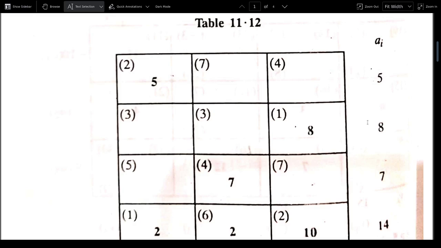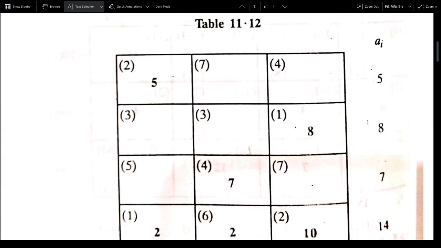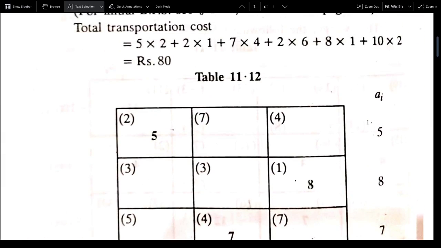Right? So when we give 5, then row wise or column wise this is adjusted. Row wise this is adjusted, so when we give 5, the first row you cut. In the first column, this is 5, then what will remain? 2 remaining.